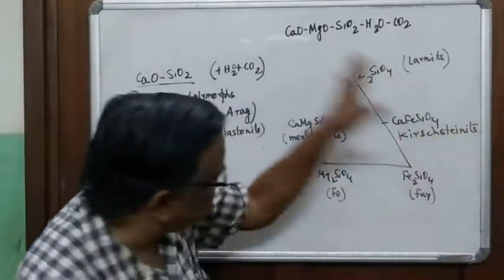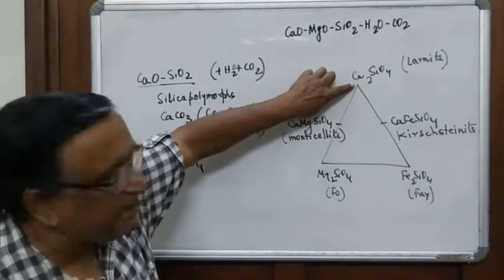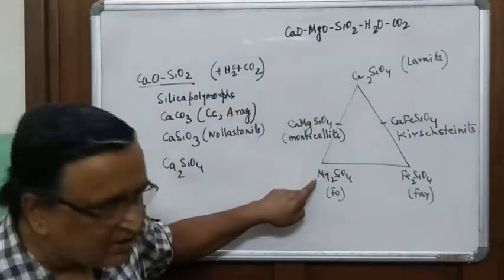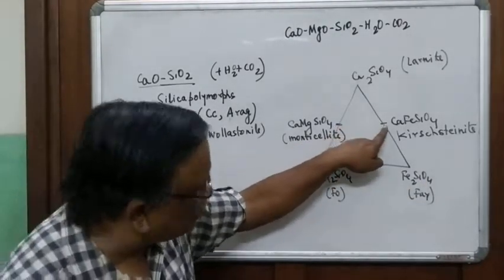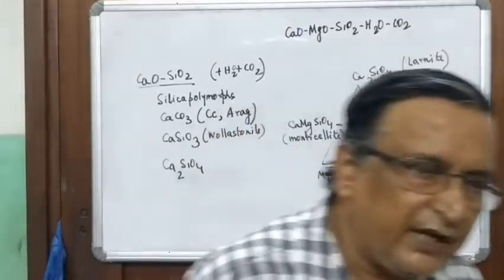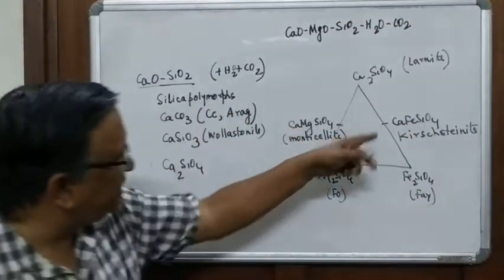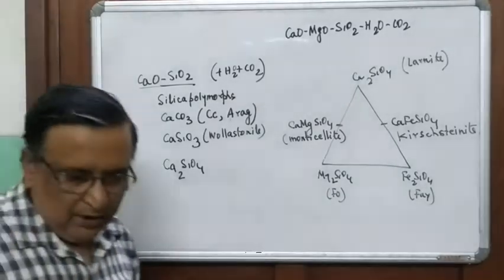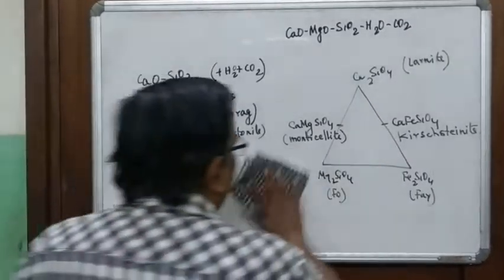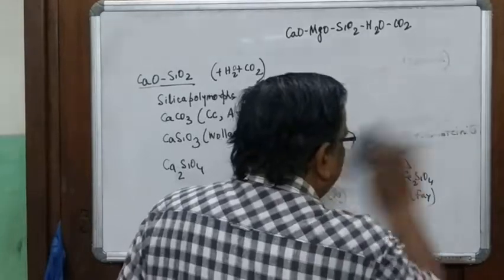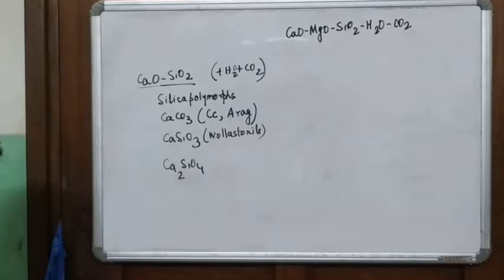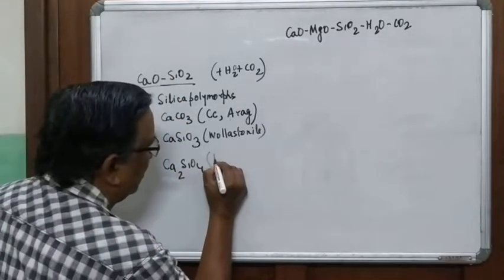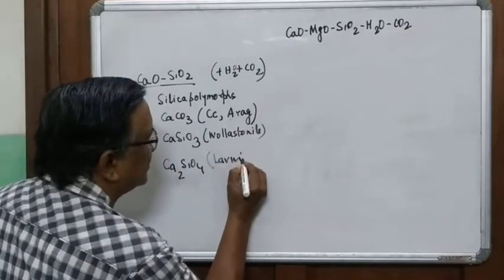So if I change this to a pyroxene, then this would be wollastonite, this would be enstatite, this would be ferrosilite, this would be diopside, and this one, CaFeSiO4, hedenbergite. So basically, just for your information, when you add here CaSiO3, then you add Ca2SiO4, and the mineral name is larnite.